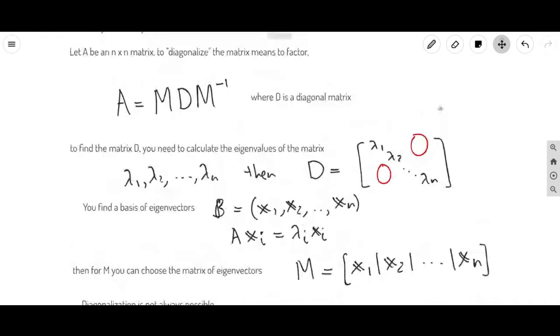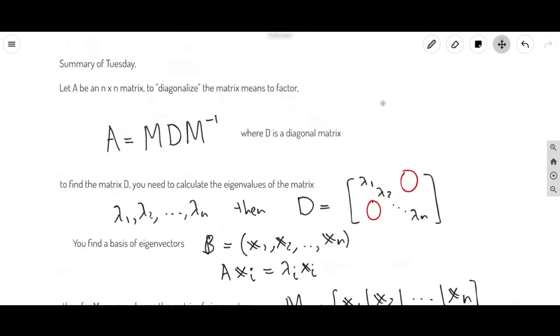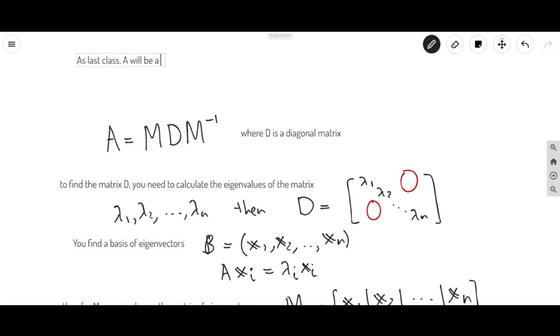Now, what are we talking about today? Today we're going to be talking about the same setup as before. As last class, A will be an n by n matrix. And this time, we want to find the orthogonal diagonalization.